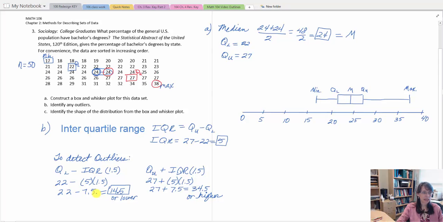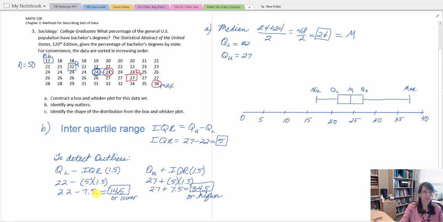Now since we've already detected outliers here, 14.5, let's go back to our measurements and see if any of our measurements are 14.5 or lower. Since 17 is our lowest value, we're not going to have any outliers to the left of the median. Checking to the right of the median, 34.5. Go back to our measurements and see if any of our measurements are larger than 34.5.